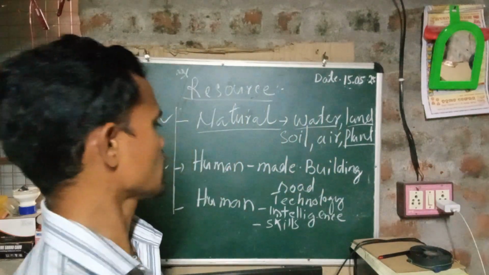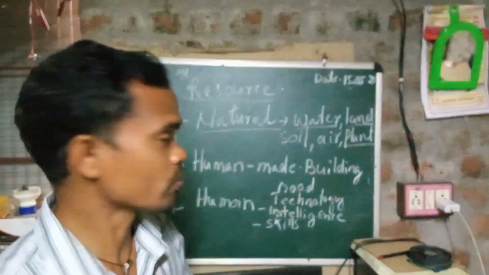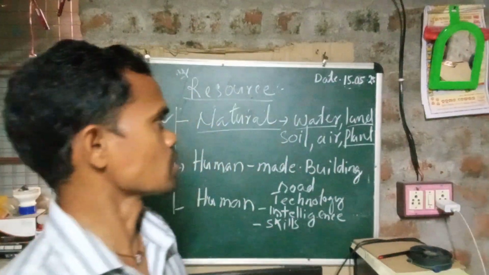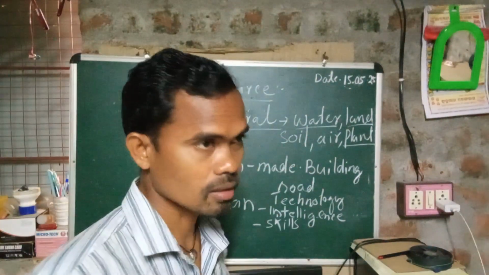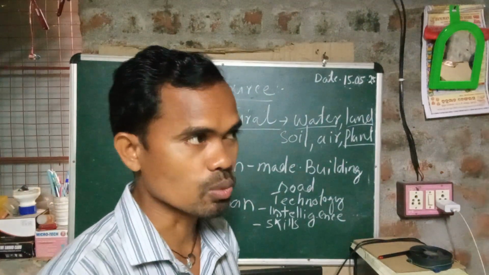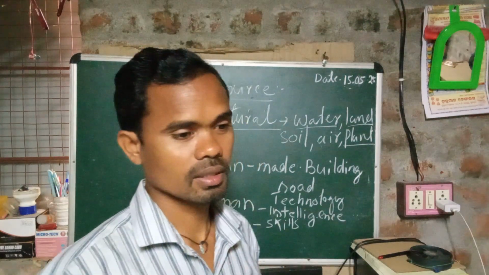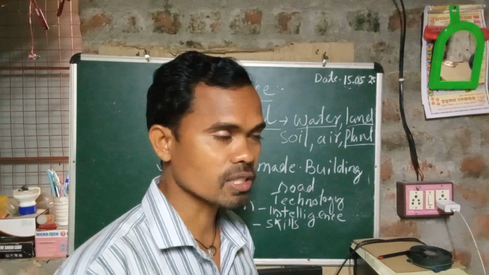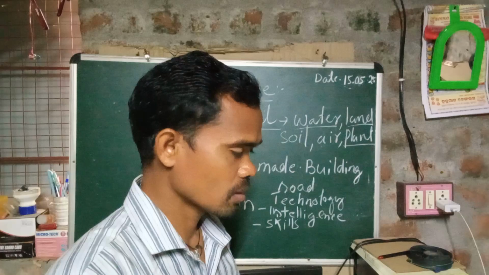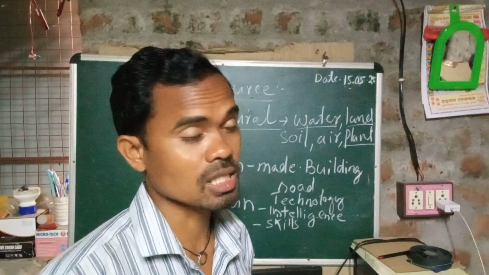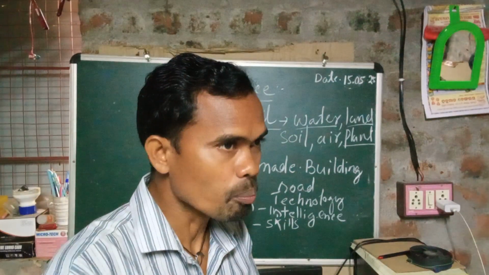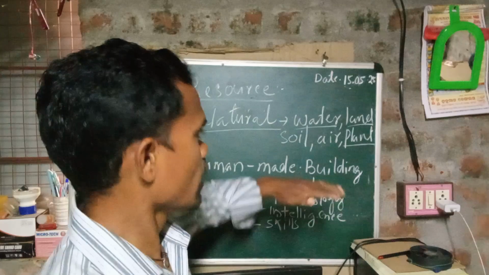So my dear students, we need to be aware of natural resources. We should not waste water. Use as much as you need, because this earth cannot give sufficient water, because it takes more days to make.